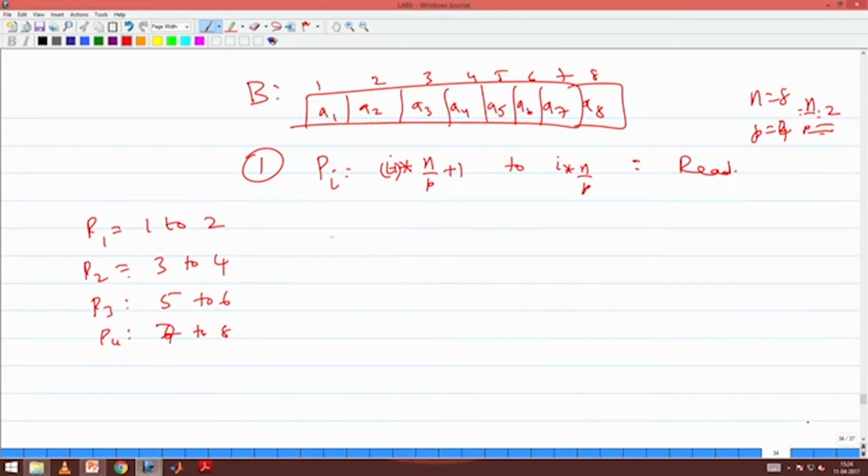Then what will P1 do? P1 will compute A1 and A1 plus A2.